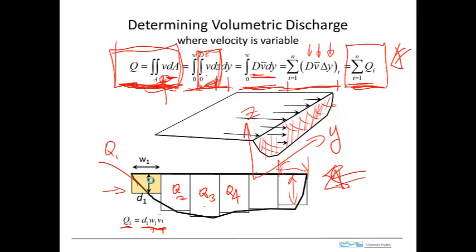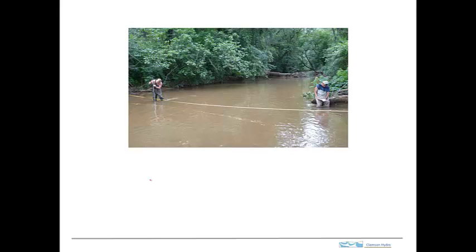Okay, so let's take a look. Here's this process underway. This is on 18 Mile Creek, and this person is using a current meter to measure the velocity at that point.